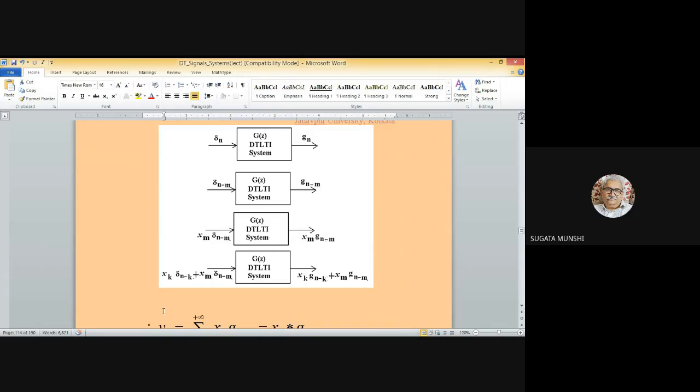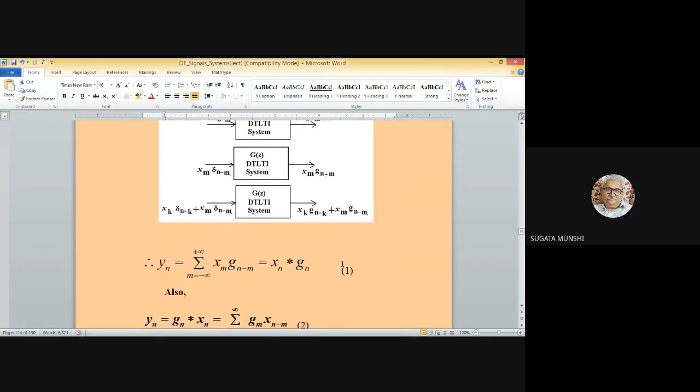Then if you have x k delta n minus k plus x m delta n minus m as the input, the output will be, from the property of superposition that this linear system should obey, x k g n minus k plus x m g n minus m. Now if you generalize, y n will actually be equal to the sum of all these terms, x m g n minus m with m extending from minus infinity to plus infinity.